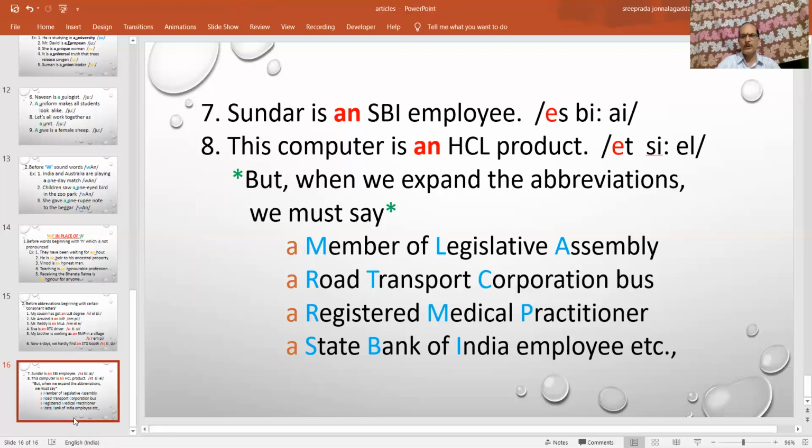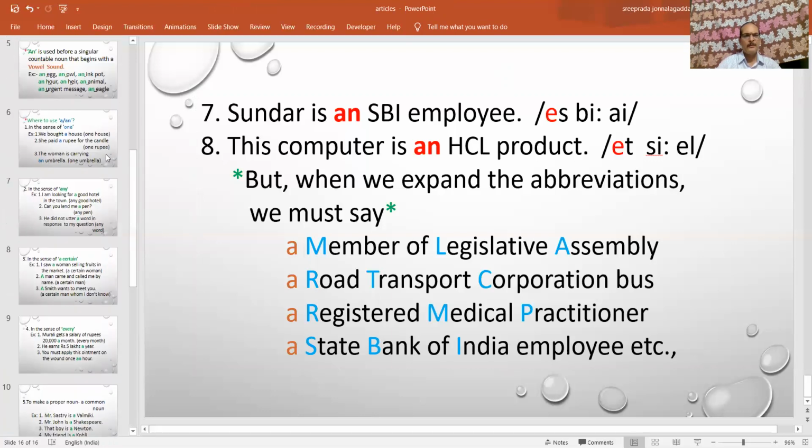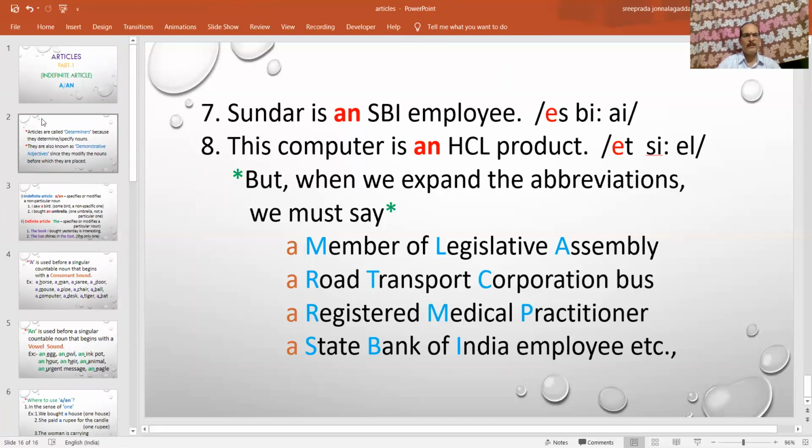So students and teachers, this is the way we have to understand articles. What are articles? First of all, articles are determiners. Why are they known as determiners? Because they determine the position of nouns and they are used before nouns. Where do we use a or an, the indefinite articles? Before singular countable nouns.